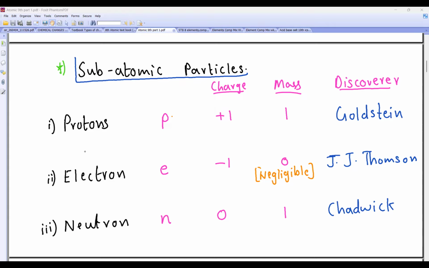This is the symbol, this is the charge, this is the mass, this is the discoverer. Negligible, that is negligible. Just like you, negligible.